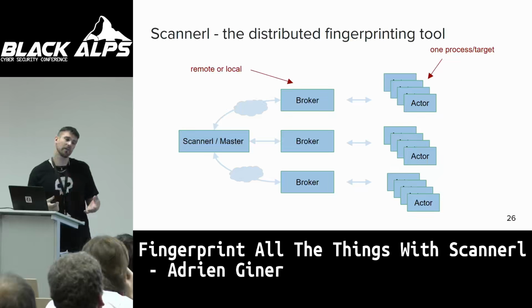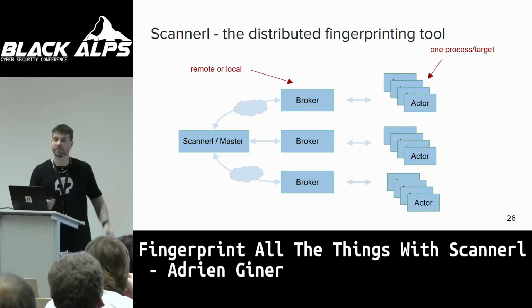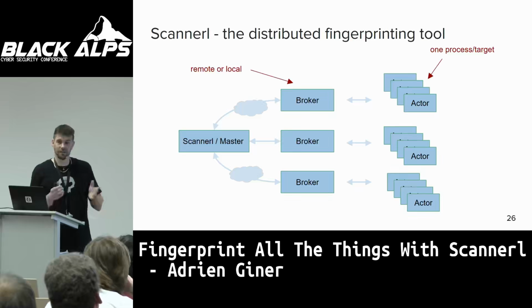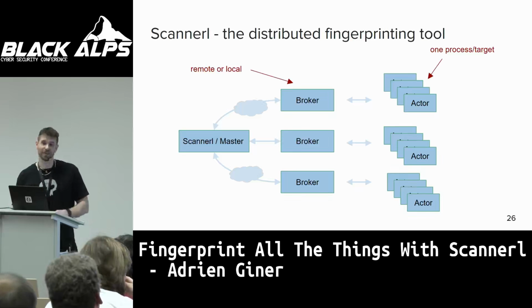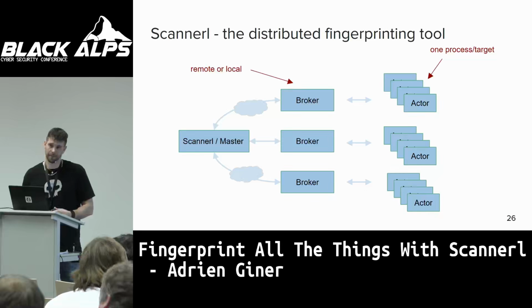For example, if you say, okay, I want only 100 parallel fingerprinting processes running, then you can provide that as an option. And you can also not limit it, but then you'll break some networks like I've shown before. But yeah, you have that granularity, and those are all options you have when launching the tool.